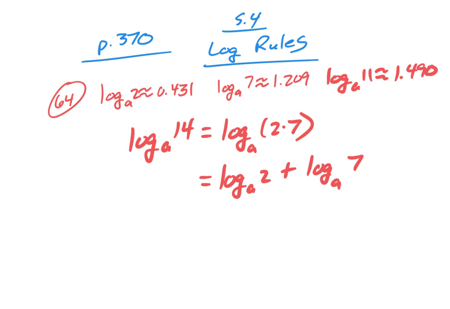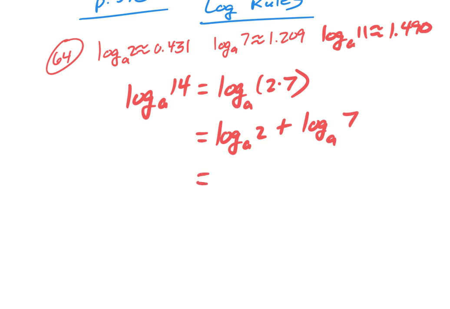Yeah, it is 0.431. We also know log base A of 7 is 1.209. That's given to me. So then all we got to do is add those two decimals, and that is our answer. Okay, 1.64, I think is what we get.